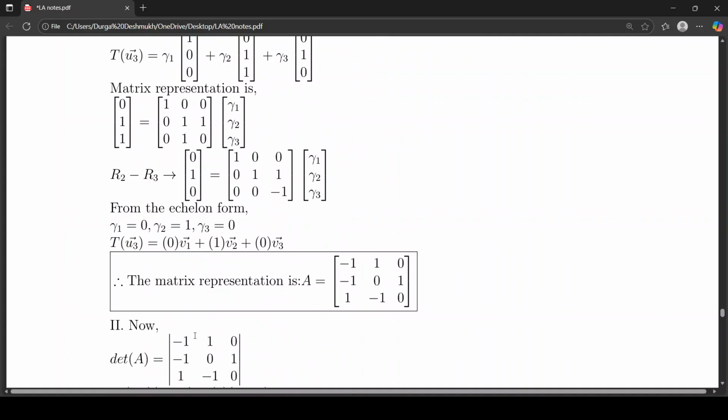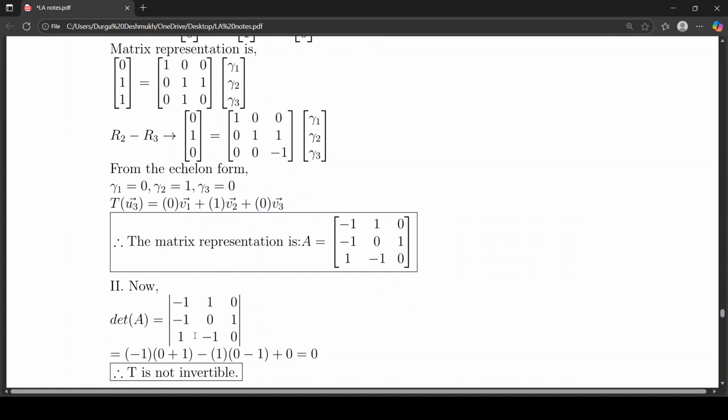Similar steps, we will find the final matrix representation. Now this is the point which we didn't discuss earlier. Here we will find the determinant of the matrix representation that we just obtained. If the determinant is non-zero, but here it is 0, so since it is 0, it is not invertible. But if it had been a non-zero determinant, then the matrix representation is invertible.